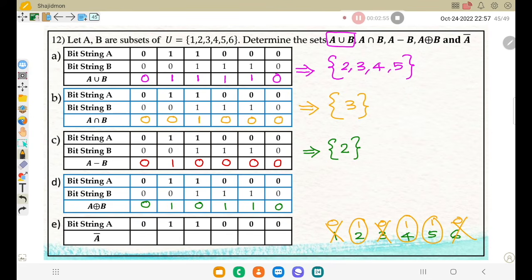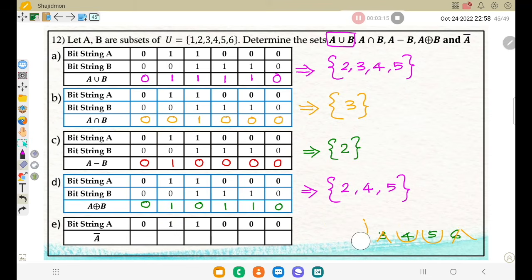So we can write the answer here: the symmetric difference of A and B is the set {2, 4, 5}. Hope you understood the symmetric difference.